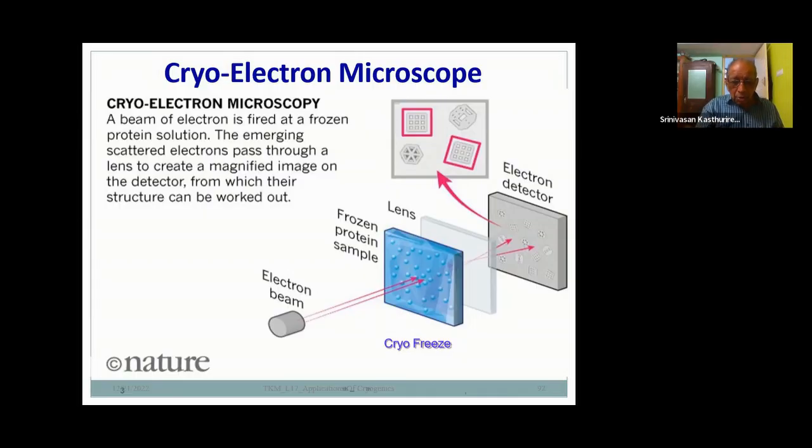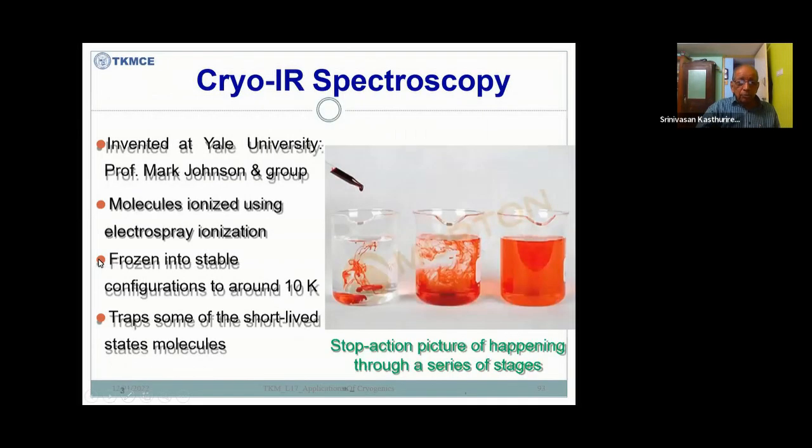Okay, so you see there are frozen samples of protein, electron gun, and then you have the lens, and whatever beam comes to the other side gets appropriately recorded on the electron detector.